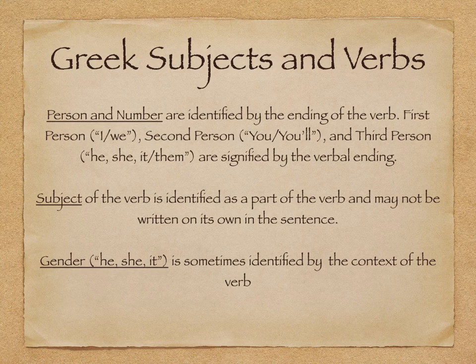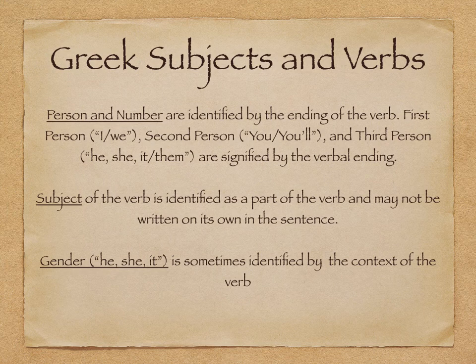If you do not recall person and number just from English grammar, you need to get this down today. First person singular, I; we is plural. Second person, you singular, you all, plural. And third person, he, she, it, singular, them, plural. And the ending of Greek nouns and verbs identify that for us.